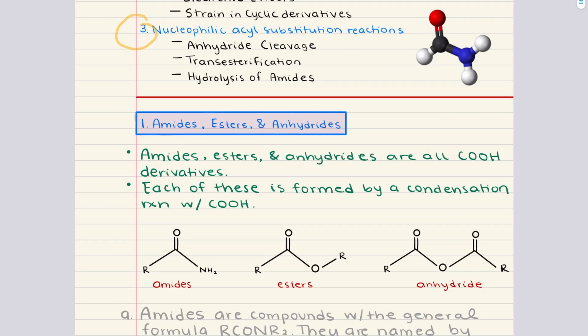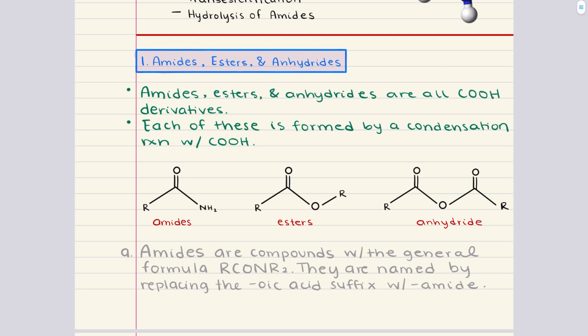Amides, esters, and anhydrides are all classified as carboxylic acid derivatives. What this means is that all of these functional groups are formed by modifying a carboxylic acid, typically through a condensation reaction. In a condensation reaction, two molecules are joined together, and a small molecule, often water, is lost as a byproduct.